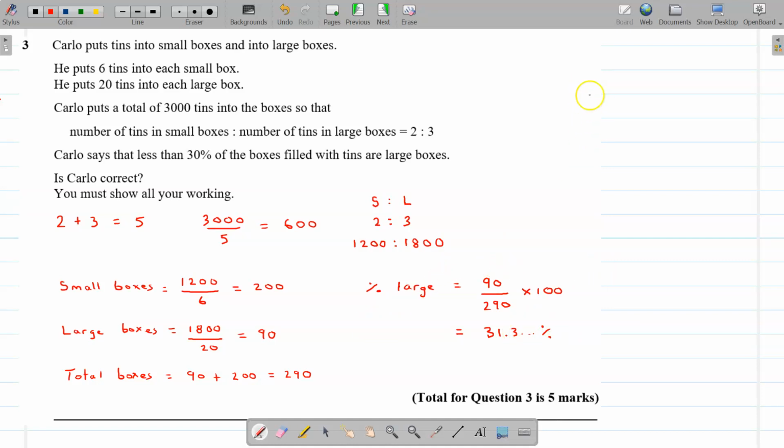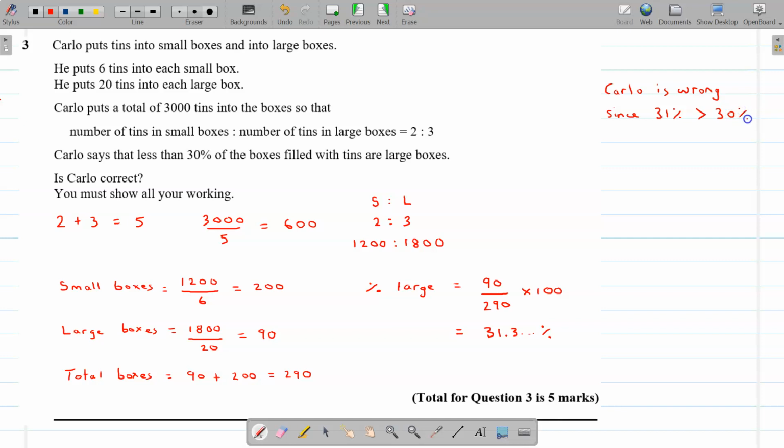I'll just write it up here and highlight it. So Carlo is wrong, and then a reason. Carlo is wrong since 31% is greater than 30%.